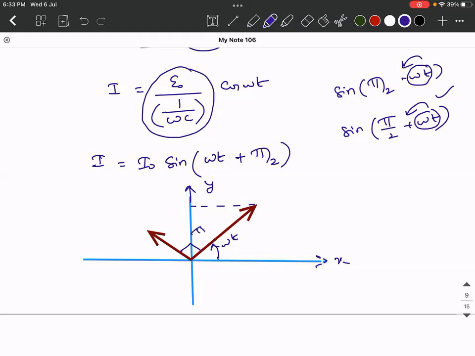This is pi by 2, and the whole angle will be omega t plus pi by 2. Then when I drop a perpendicular from here, this height will be I naught sine of omega t plus pi by 2, and this height will be E naught sine of omega t. Is that clear? Understand what I did?